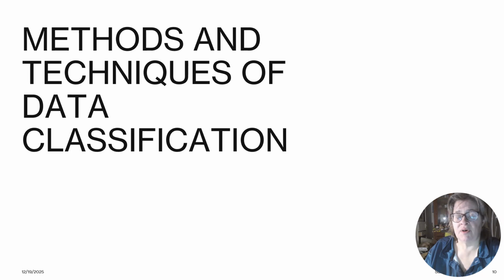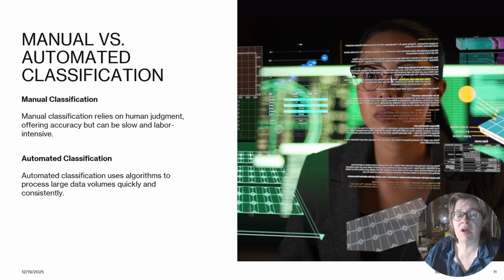Here we discuss approaches to classifying data manually or automatically, including rule-based and machine learning techniques, along with tools used for effective classification. Manual classification involves human judgment, which can be accurate but time-consuming, whereas automatic classification uses algorithms to efficiently process large volumes of data with consistency, but might not be completely accurate 100% of the time.